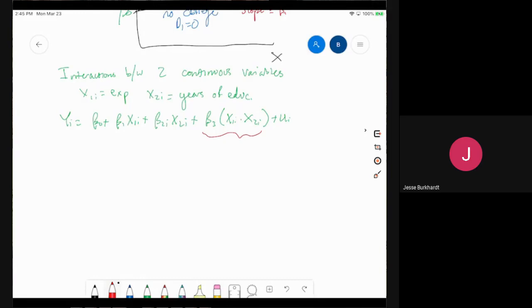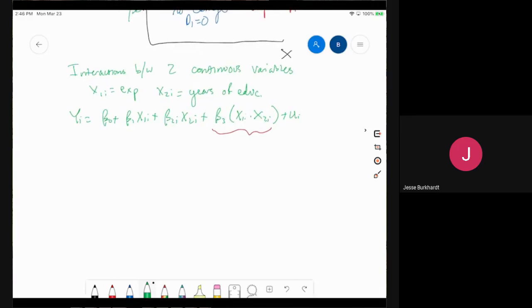So we can figure out the marginal effects of these by taking the derivatives again. So let's figure out the marginal effect. Marginal effect of x1 is dy dx1 equals beta 1 plus beta 3 x2.